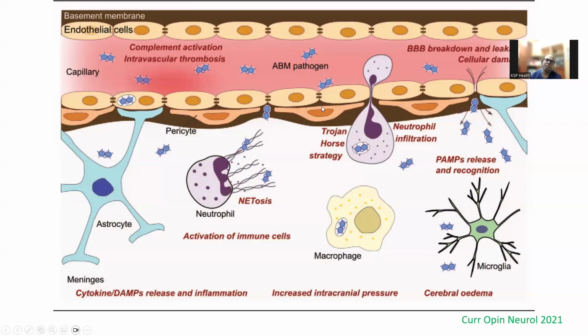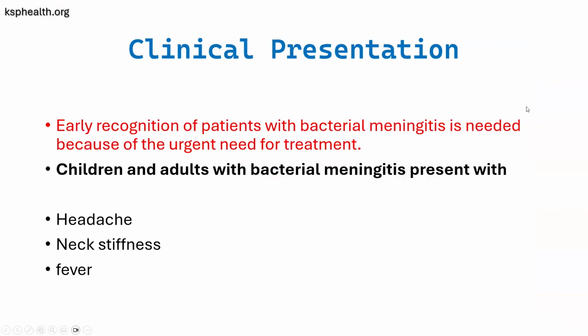The other way of entering the subarachnoid space is by infecting neutrophils. The neutrophils migrate into the subarachnoid space, then burst and release the bacteria into the subarachnoid space, like a Trojan horse. The other mechanism is blood-brain barrier breakdown and leakage of cellular material and bacteria into the subarachnoid space.